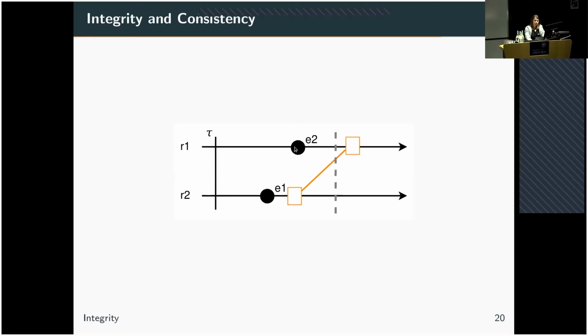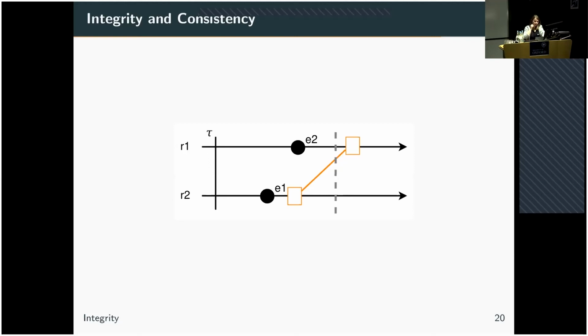But assuming that these events actually change the memory contents, integrity isn't satisfied with respect to tau. So not every quasi-instantaneously consistent snapshot also satisfies integrity.